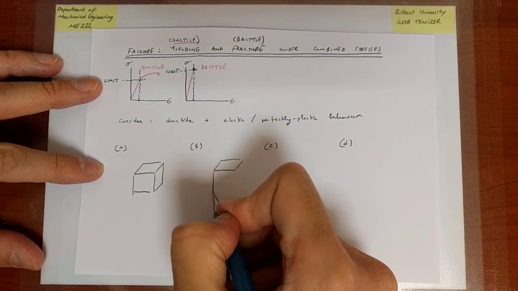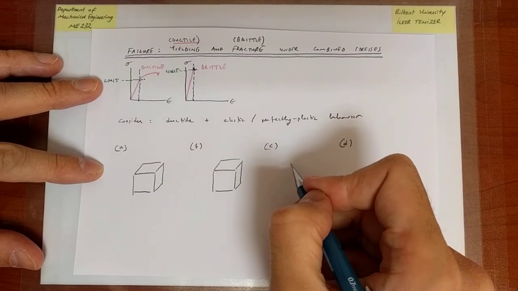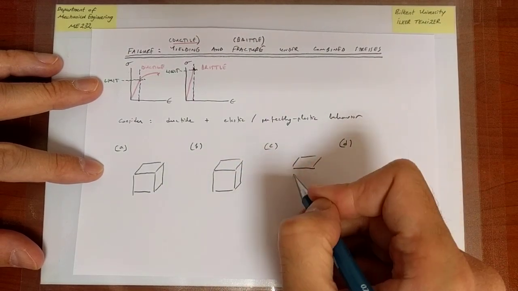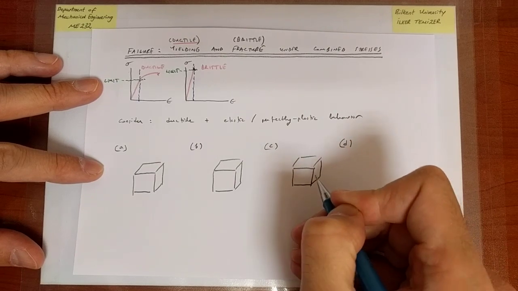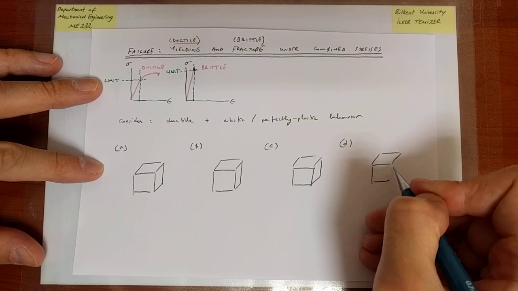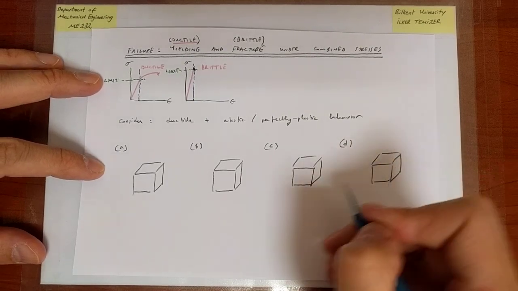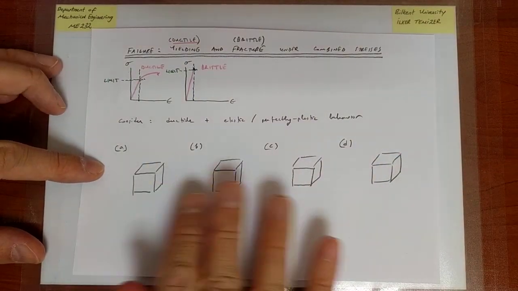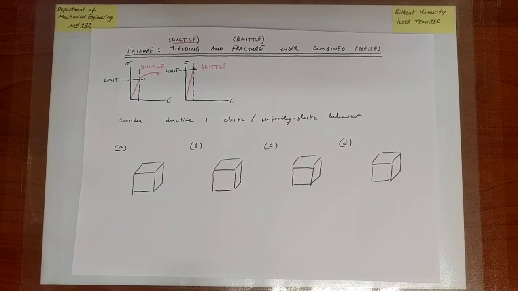So it's the same material, and the only thing that will ultimately change is the way we will load that material. So this is not necessarily an infinitesimal piece from a point in a structure. It is in itself a cubic block of metal, if you like.